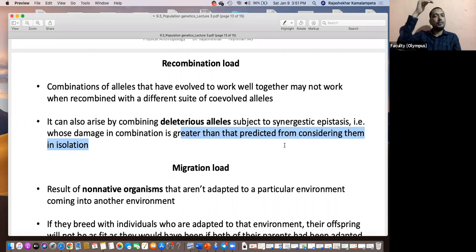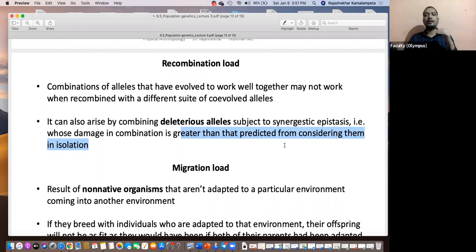At one stage, it is happening because of segregational load, because a mutant variety is being placed into a gamete. Next, recombination: the result of recombination, with A and B as two parents, is that their genes got exchanged. Then a new combination arises compared to the previous generation. Whatever your mother had, whatever your father had, didn't cause a problem. But in your generation, this new combination of alleles is causing a problem, reducing fitness.